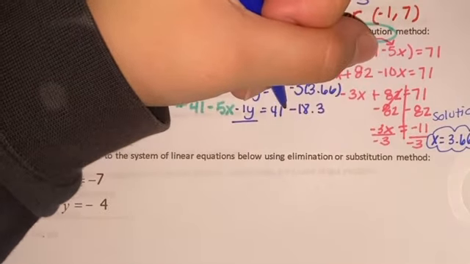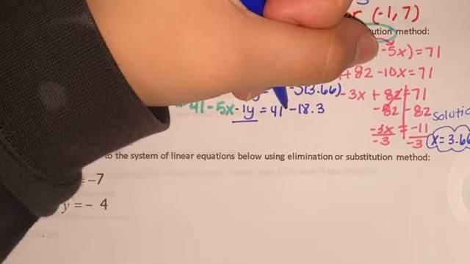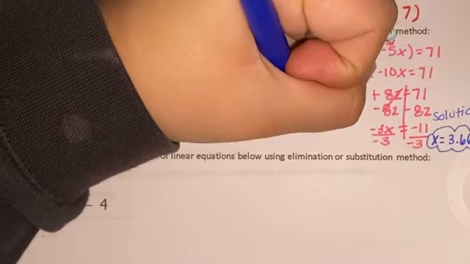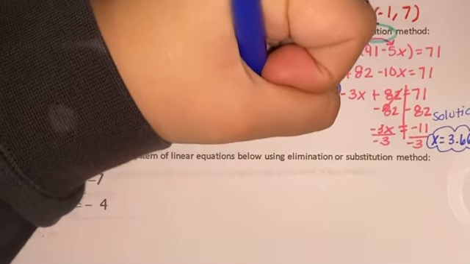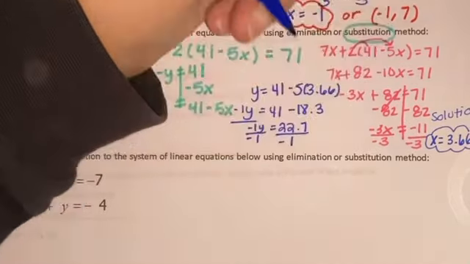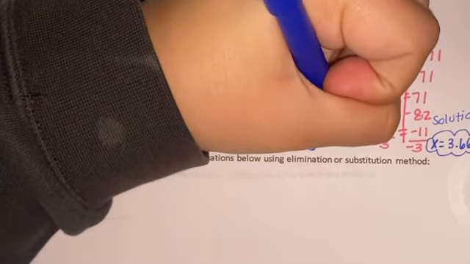And then 41 minus 18.3 would be 22.7, negative 1y. So we're going to divide. It's just going to be the same thing, but just to make sure. So then y equals negative 22.7.